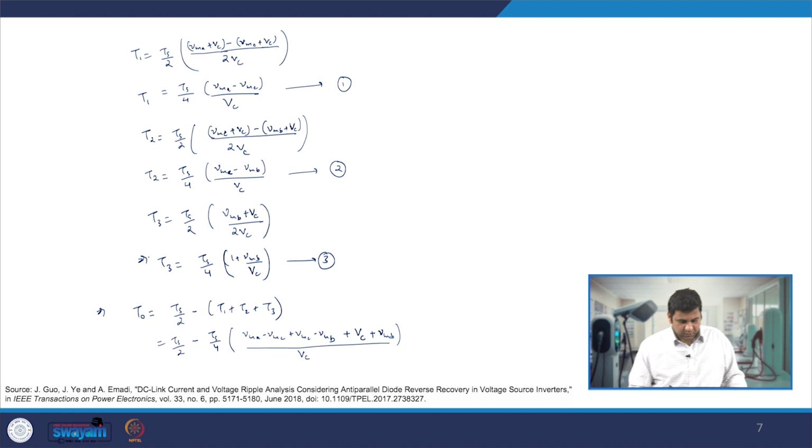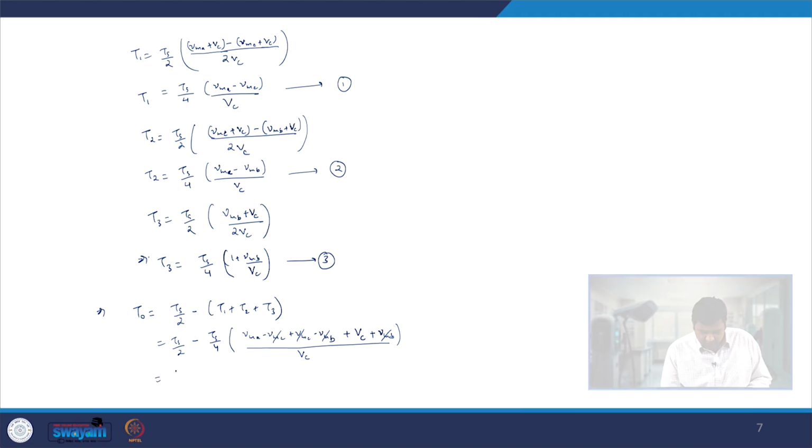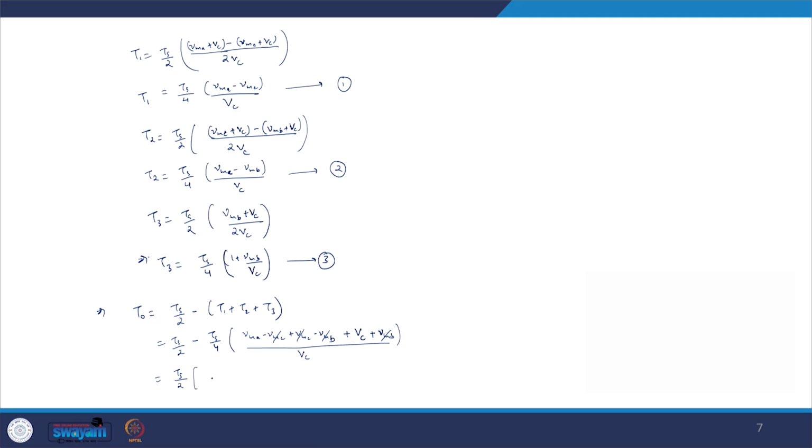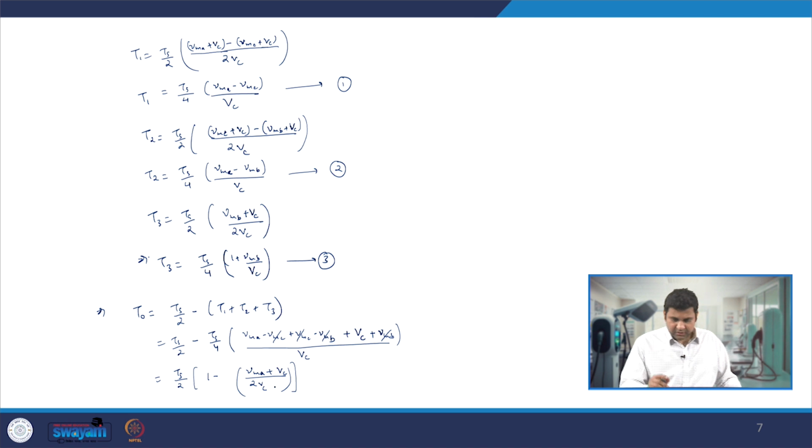If we look, the Vmc terms will get cancelled, and then we can take Ts by 2 outside, that will become 1 minus Vma plus Vc by 2 Vc.